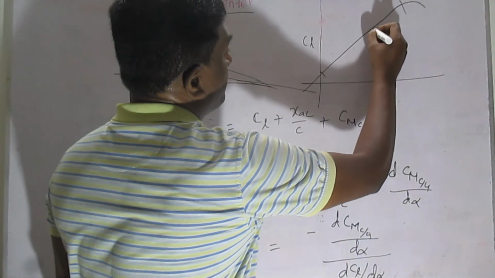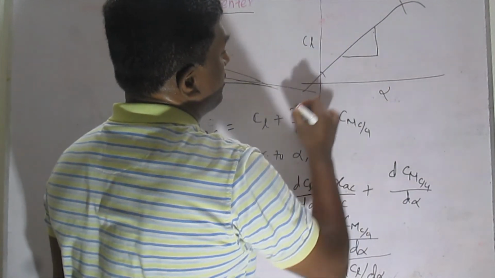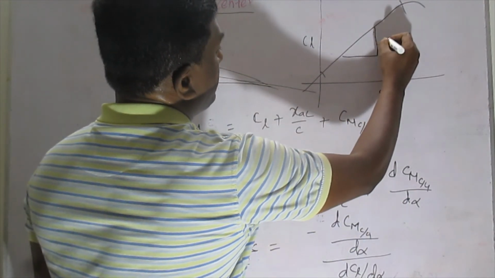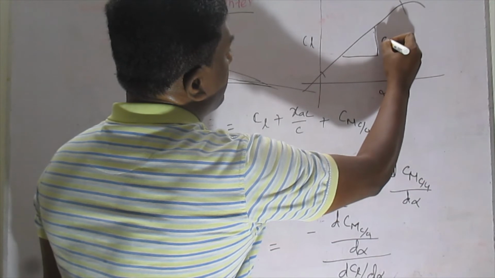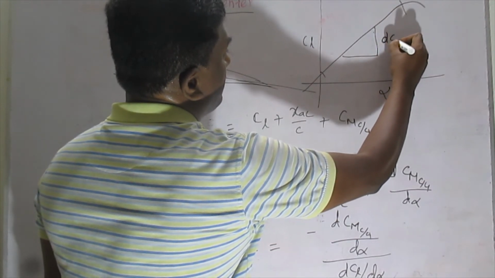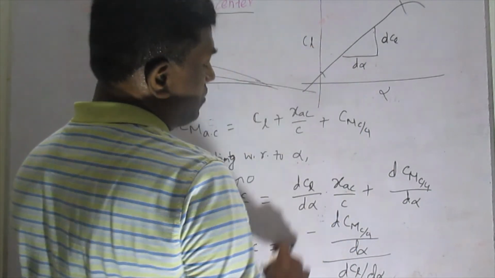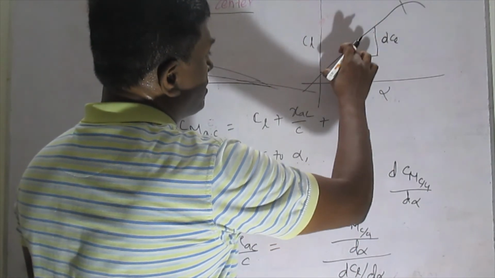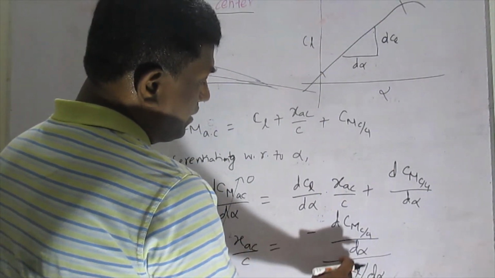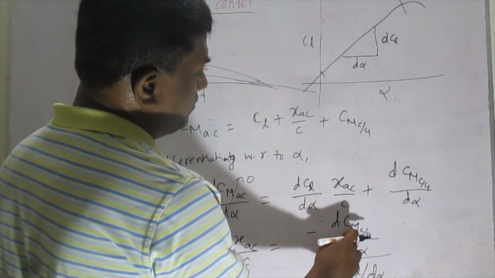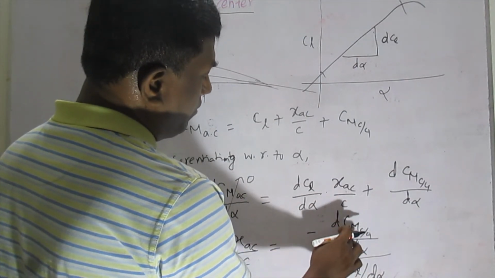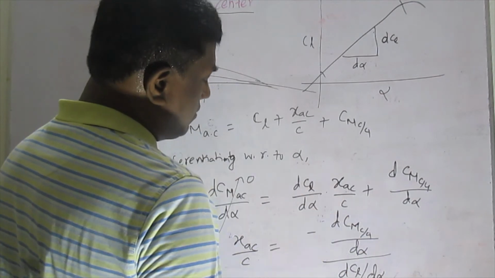this also will be fixed, because this is the lift curve slope. Whatever we are finding here, this is dC_L and this is d alpha, so we are finding the slope. This slope will be constant within the linear region, and this is with respect to the fixed point, the quarter chord point, so this also will be constant.